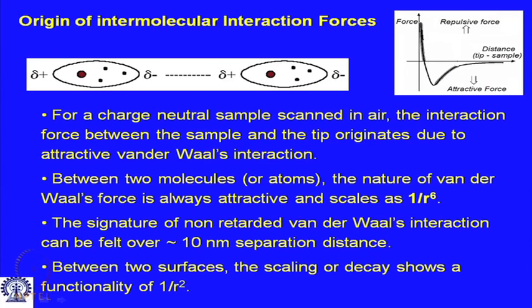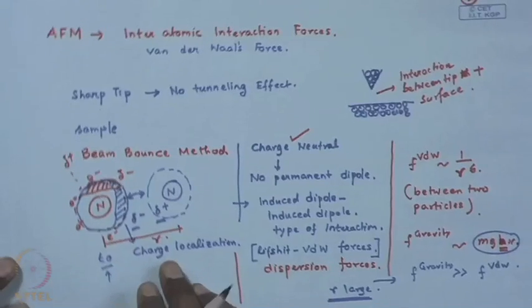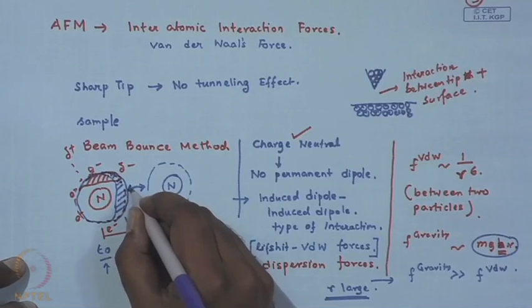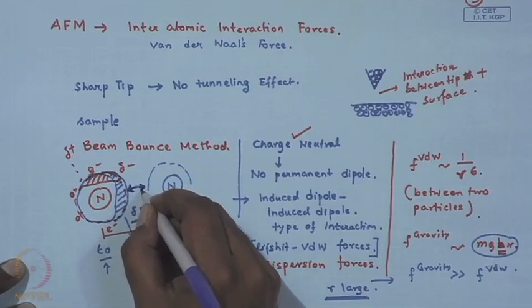So, the signature of non-retarded van der Waals force: the type of van der Waals force we talked about is an induced dipole type interaction. What has been assumed implicitly is that this induction of the charge is instantaneous.